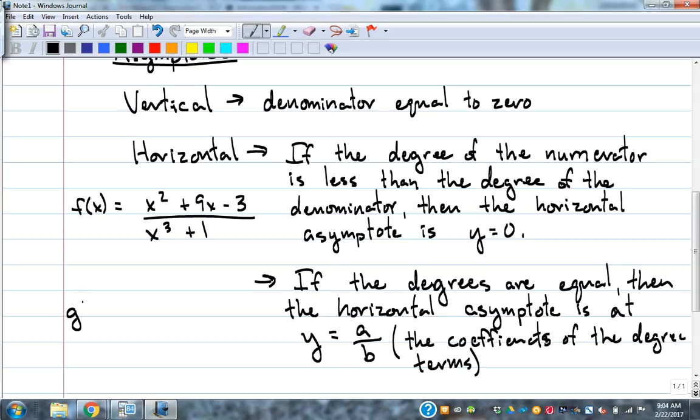For example, g of x equals 3x squared plus 5x minus 7 over 4x squared minus 2x plus 13.